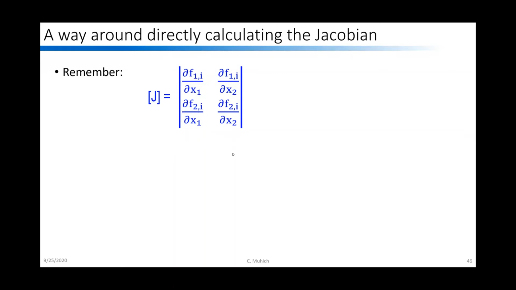What you might be saying to yourself is, this is a problem because I need to know the functional form, I need to know an analytical derivative. And that's true, right? We need to fill in this Jacobian matrix for doing these calculations by knowing what that derivative is with respect to x1 and x2.